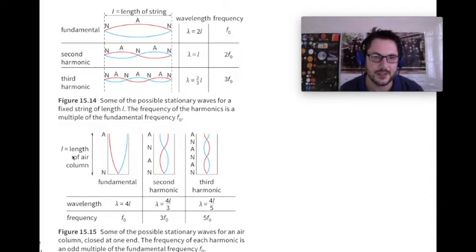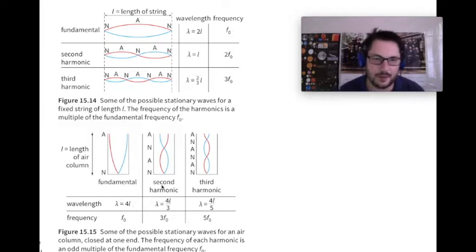The length of the tube is L. So the fundamental, the first wave formed, is actually 1/4 of a wavelength. We call that the fundamental. So in a tube that's closed at one end, the first stationary wave that is formed is 1/4 of a wavelength long. So one wavelength would be equal to 4L in that case.